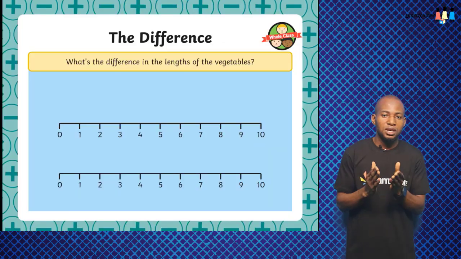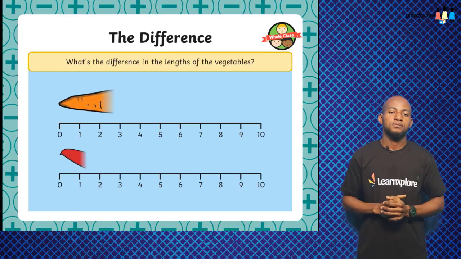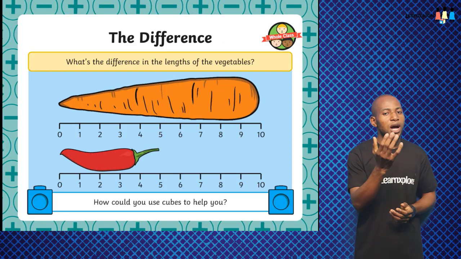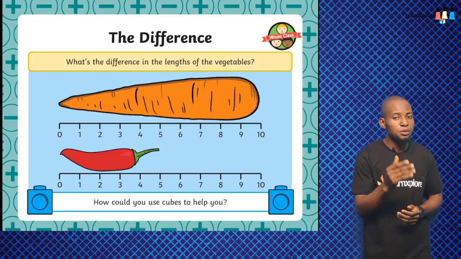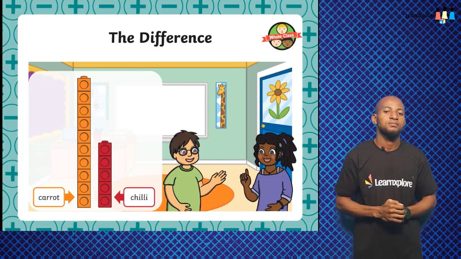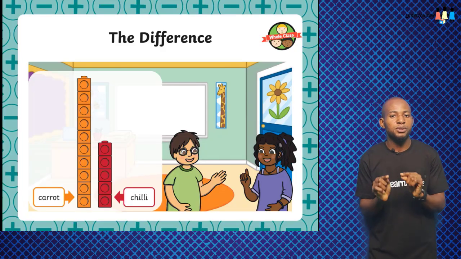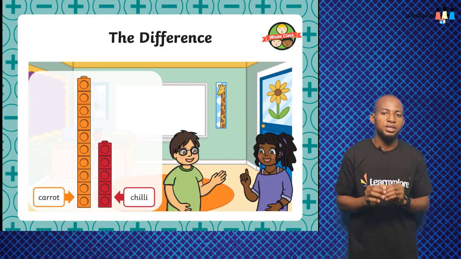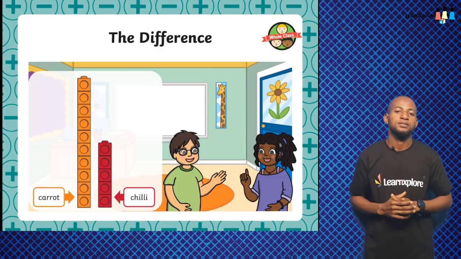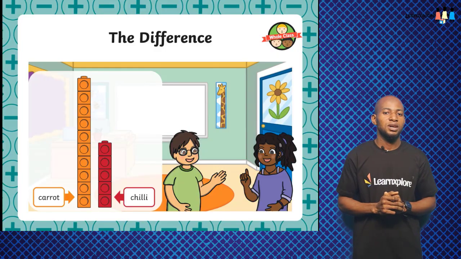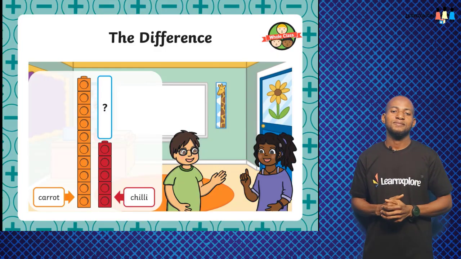What's the difference in the length of the vegetables? How could you use cubes to help? These represent carrots and these represent chili. Can you see a gap?